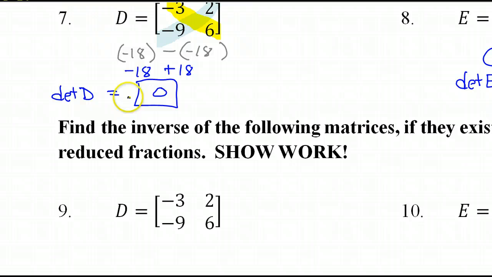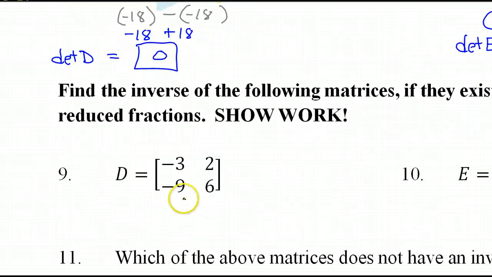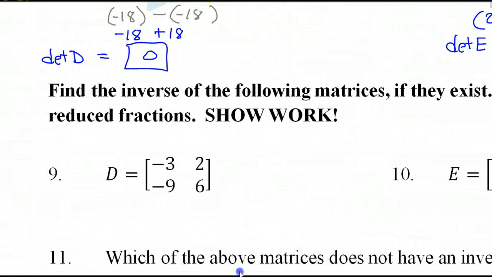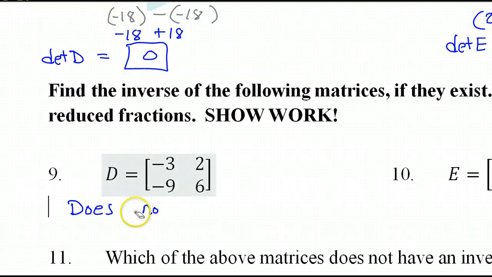Now, since the determinant is 0, then there will be no inverse for number 9. Answer should be written as reduced fractions. Okay, so for number 9, I'm just going to say undefined. All right, I could have said does not exist.